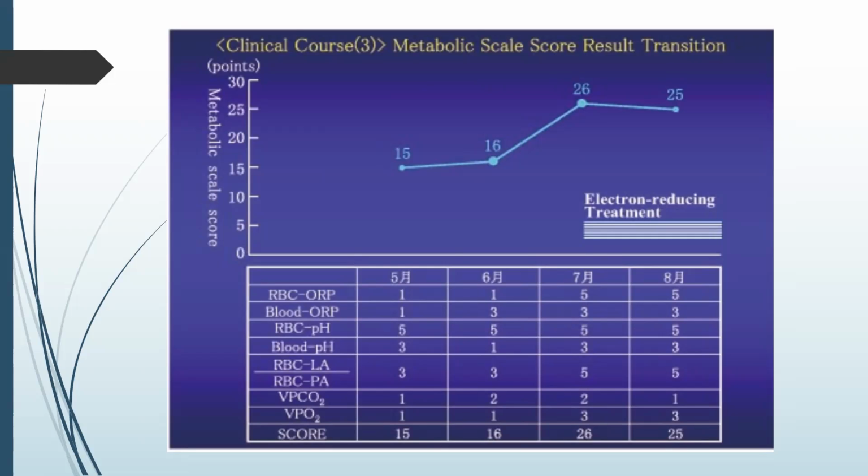But after he used the reducing electron treatment, you can see it increased a lot, to 20-something, which is already the normal level. This indicates that his cell metabolism improved significantly, which is why he could reduce the insulin intake, his blood sugar is under control, and all the complications improved.